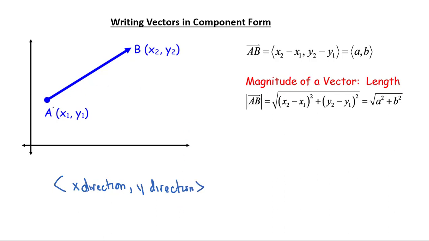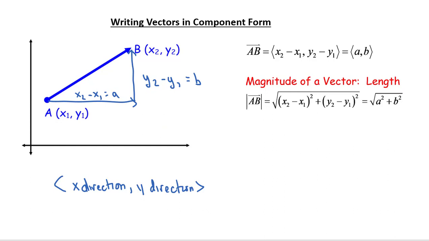To find the length of this vector, you have to find the length of that, which is x2 minus x1. This is your a component, your x direction. And then you have your y direction, which is y2 minus y1. And that's your b direction.